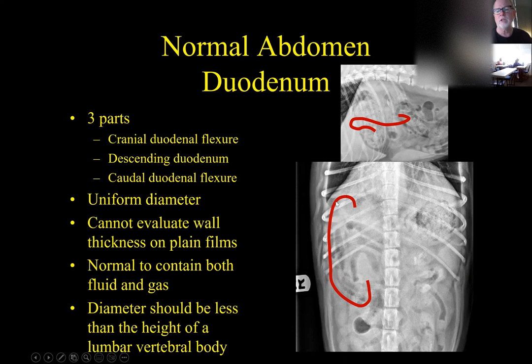It's the only section of small bowel that is basically fixed in its location. It doesn't move around the abdomen. It's always right next to the lateral aspect of the abdominal wall, and you can find it. It's also the only part of the small bowel that goes directly cranial to caudal in a straight line. The rest of it is randomly distributed around the abdomen.